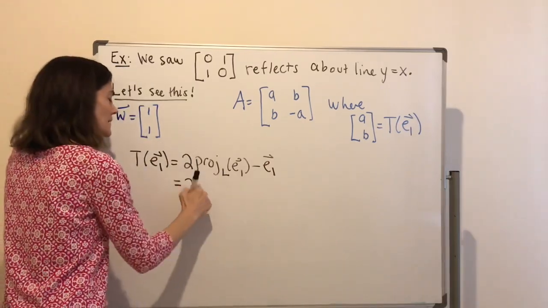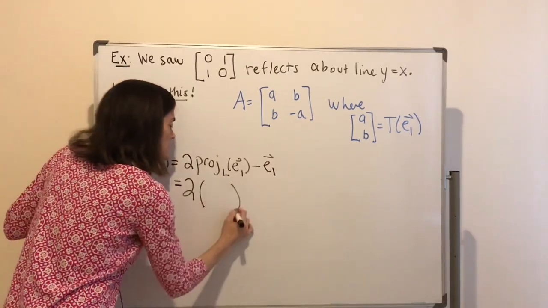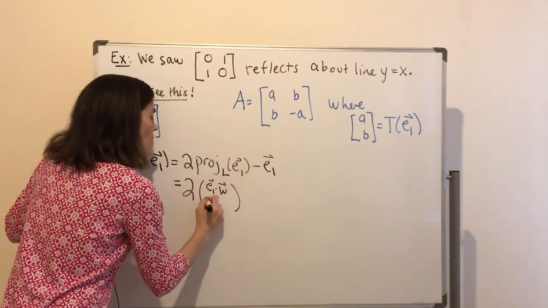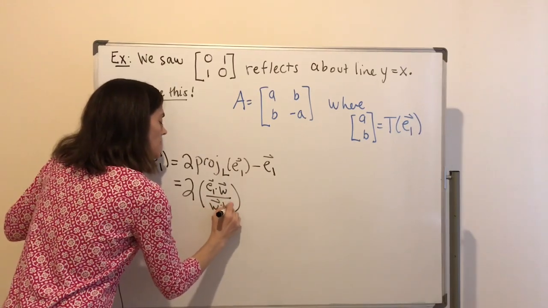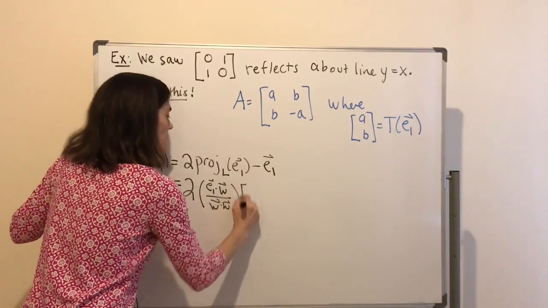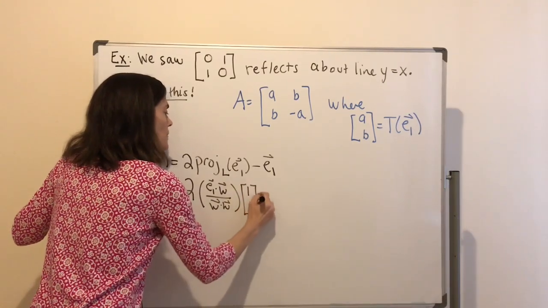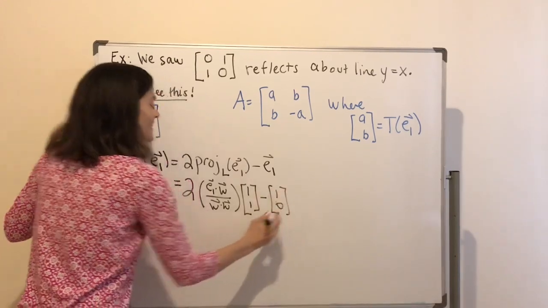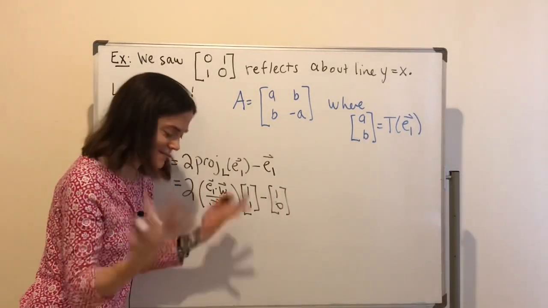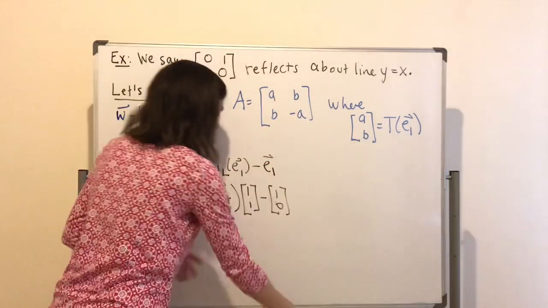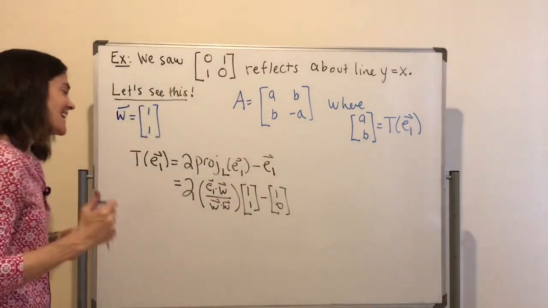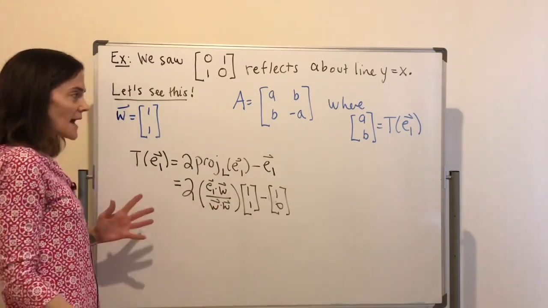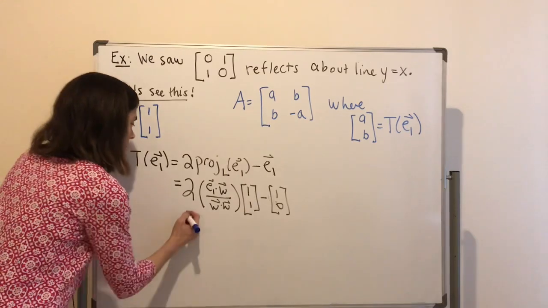This would be 2 times, and the projection is E1 dot W over W dot W times W, (1, 1), and then we subtract E1, which is (1, 0). This is exactly what we just found over here before I erased. Now we just compute two dot products and take a difference of two vectors, and we have the A, B.